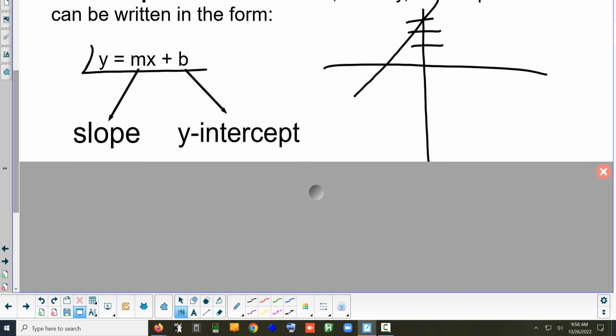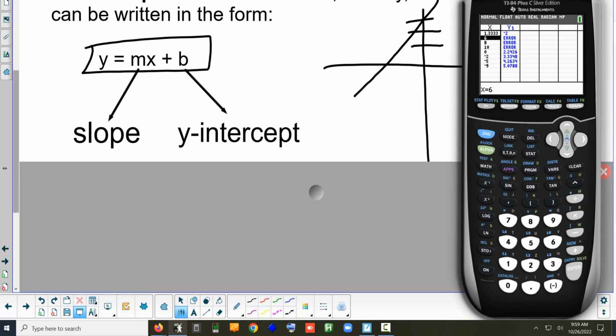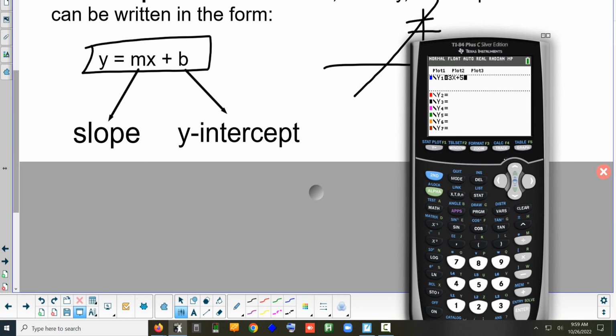This is not the only way to write the equation of a line, but it's definitely the most common way that we use. Okay, y equals mx plus b. And if you use a calculator like this, I can type something in, like 3x plus 5, and it will automatically graph that line for me.